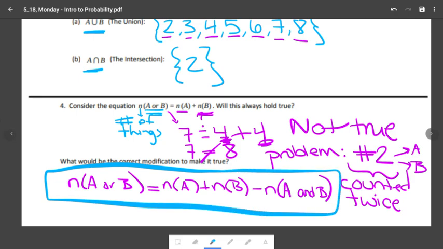There was one thing in the intersection of these two sets, the number 2. So if I had subtracted that off, 8 minus 1, I would have gotten that 7. So you should know this formula. It is going to come up when we do these questions.